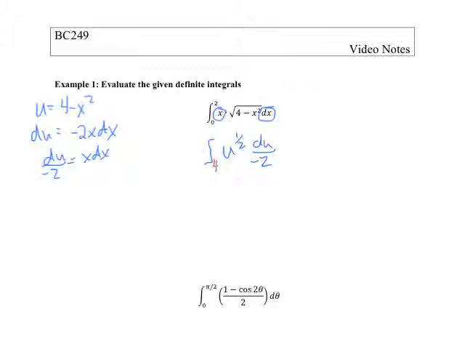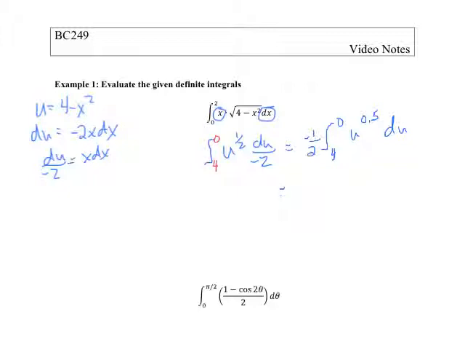And our upper bound, we stick 2 into the function, and we get 4 minus 2 squared is 0. So our new upper bound is 0. And if we apply properties of integrals, we have negative 1/2 integral 4 to the 0 of u to the 0.5 du.